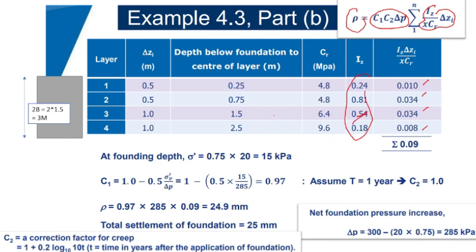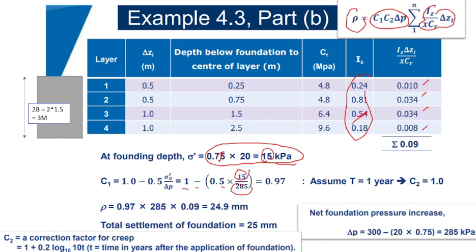Like here, this one, 1 minus 0.5, this we calculated 15. What's this 15? This one, the founding depth. Take note of this one. For C1, this is just the stress of that particular unit weight, 20 times 0.75, it gives you 15.